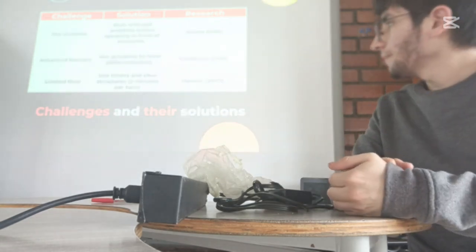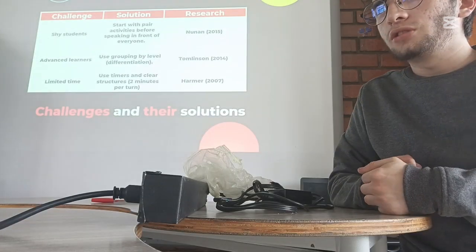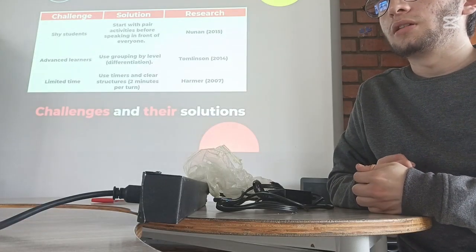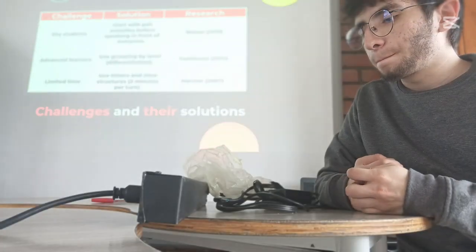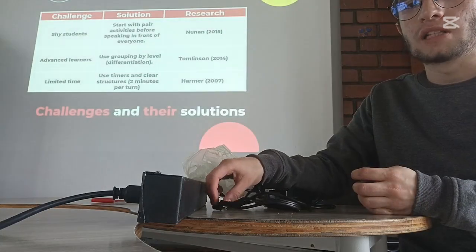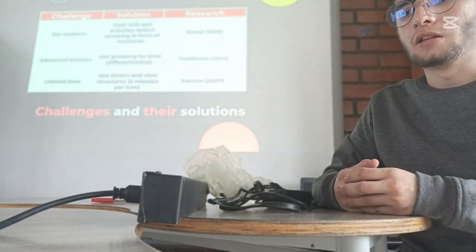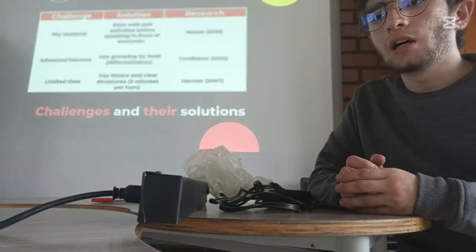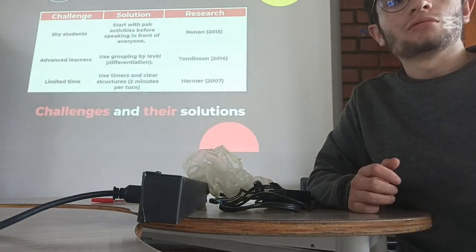And limited time, use timers. What I used to do, if the situation allows, is put a timer on the screen so they can see how much time they have to do an activity, to talk, to do anything.